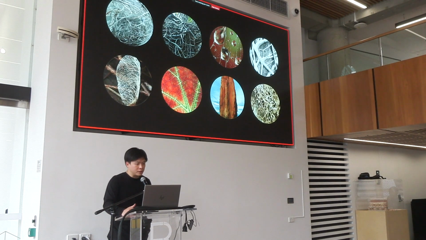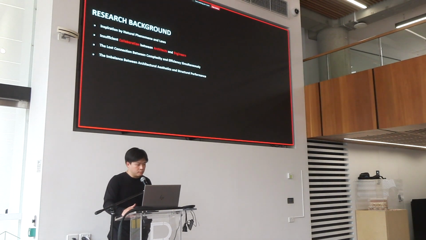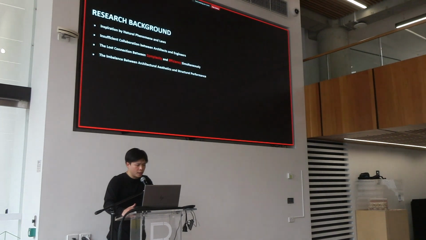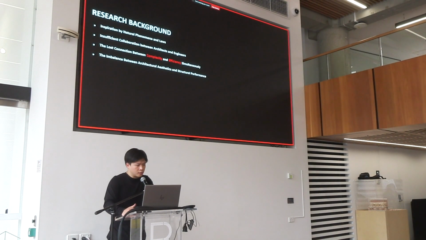So my PhD associate supervisor, Roland Stokes, built a lot of interesting designs for the NGV pavilion, but sometimes they are very hard to build. That's why we introduced new algorithms and design tools to realize them, which also creates a lot of negotiation between the designers and the structural engineers. And there is also the lost connection between complexity and efficiency.